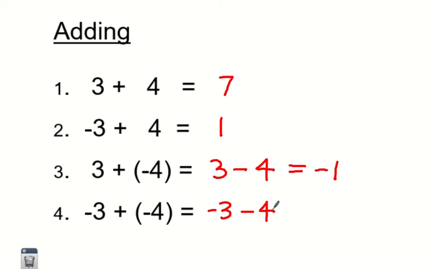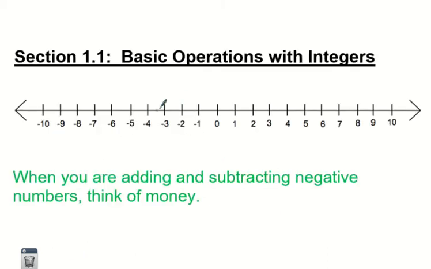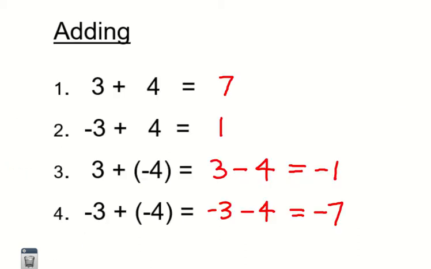So negative 3 and you're subtracting 4 even more, you're going to end up at negative 7. Okay? Negative 3, again, look at the number line. Negative 3, and now we're subtracting 4. 1, 2, 3, 4. You're at negative 7 now on the number line.